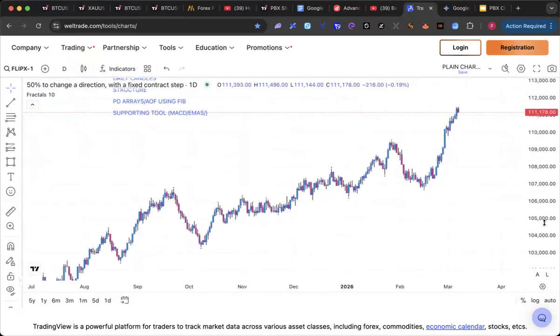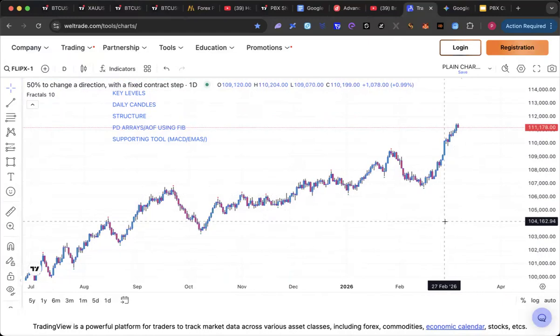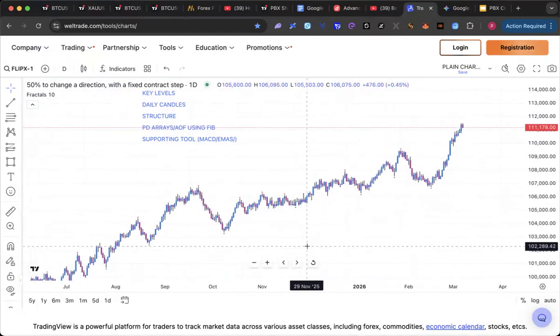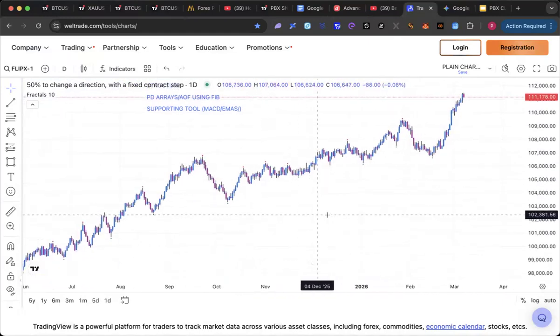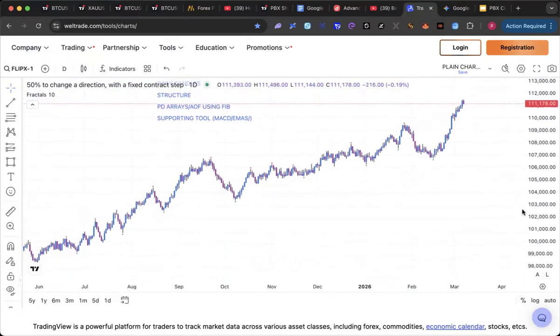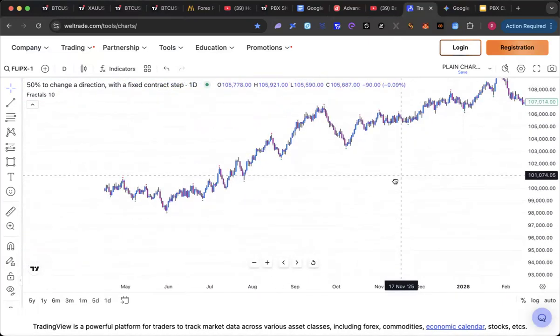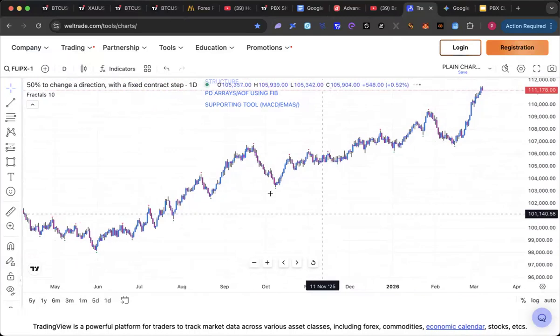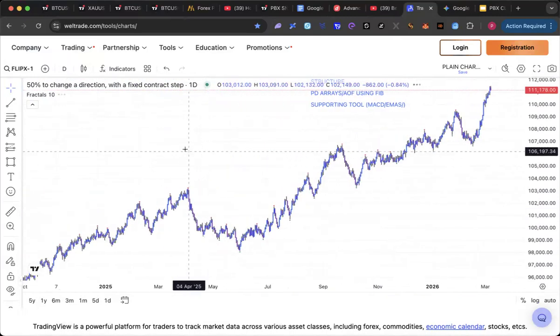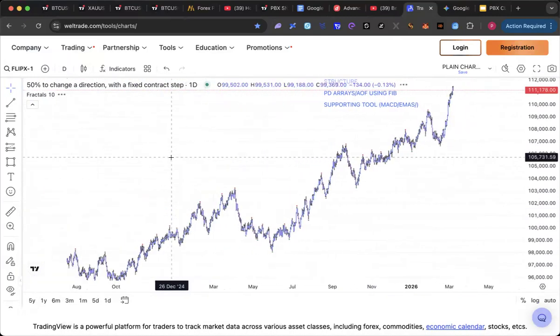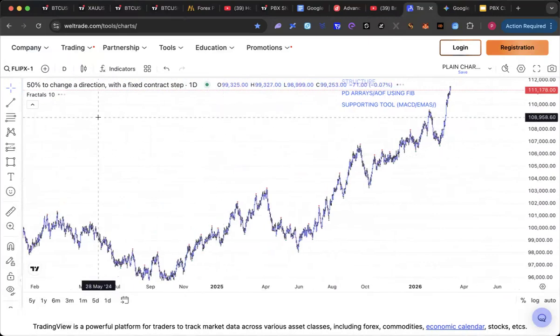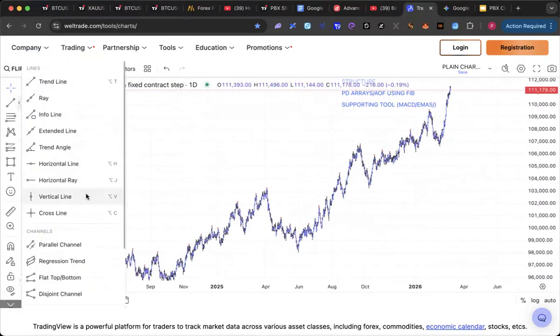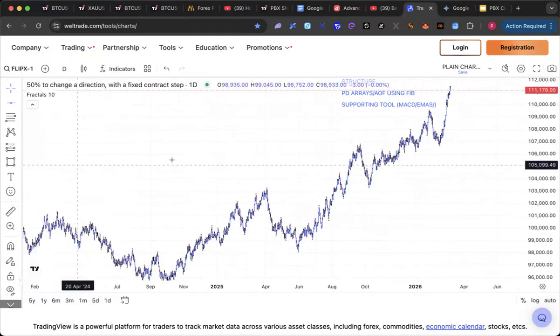Let's look at the key levels. Obviously this one is just moving up. So let's work out key levels, for instance. Just take your horizontal line.